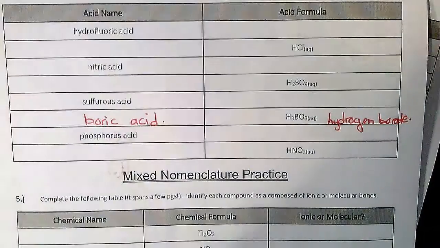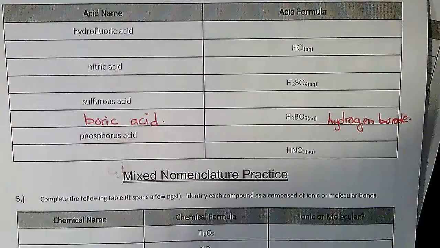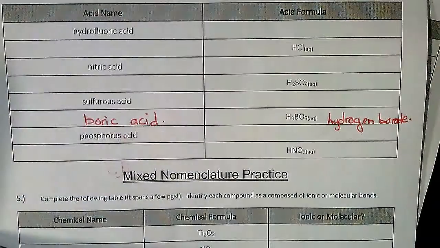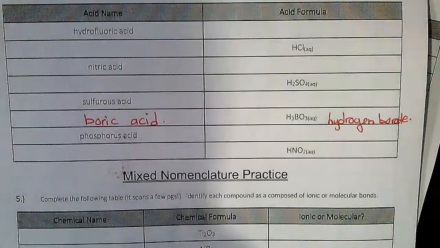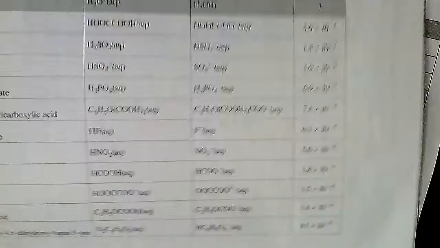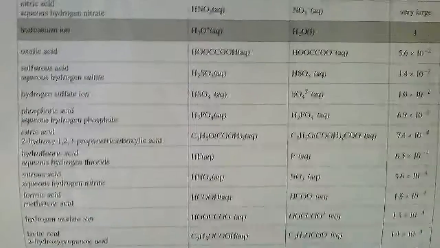Now, sometimes the naming can be a little hard to remember, and so if you're a person that likes to be tricky, there is a table in your data booklet that has a whole bunch of different acids listed. It's right here on pages 8 and 9. So these are the different acids.